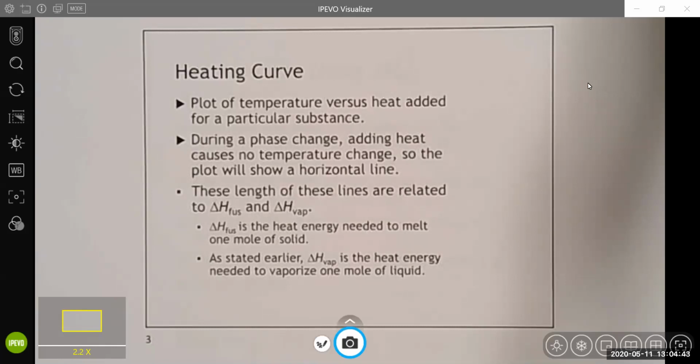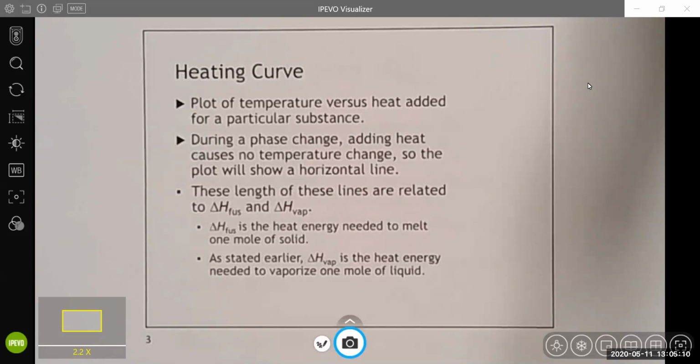Now, on these graphs, during a phase change, like what was on that last slide, where you're evaporating or freezing or melting, adding heat causes no temperature change. So if you have some water in a pot and you put it on the stove and it's cold, and you start to heat it, heating it up means increased temperature.